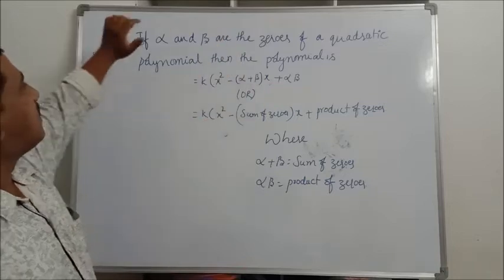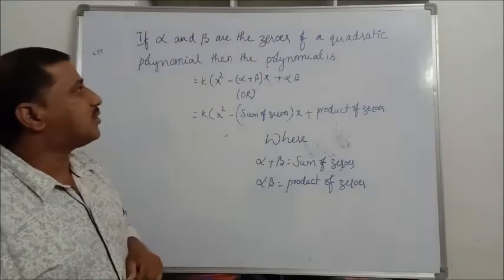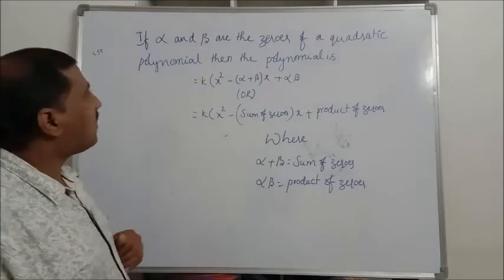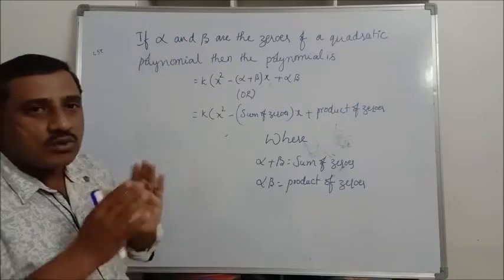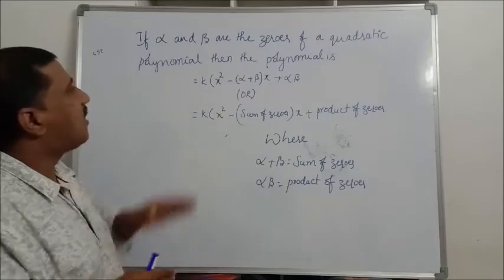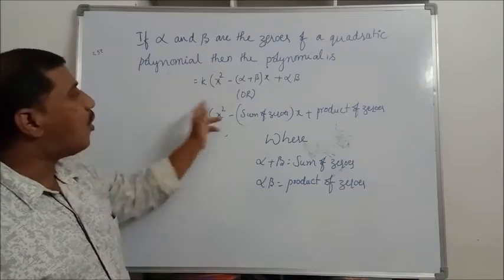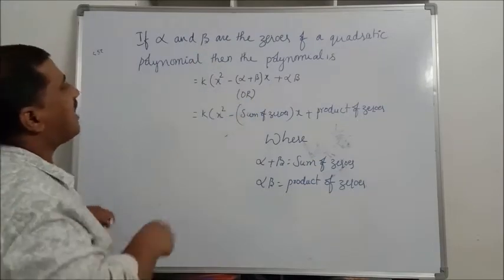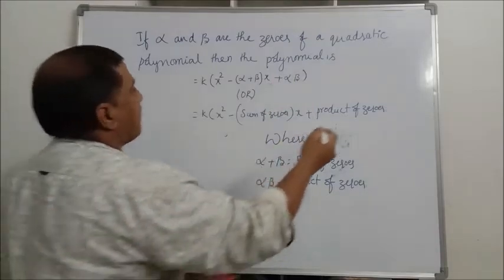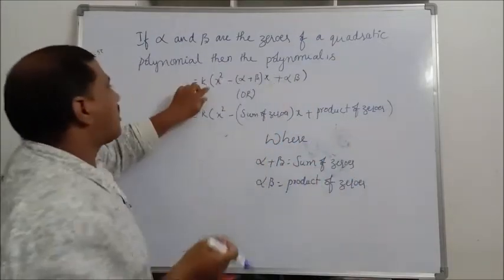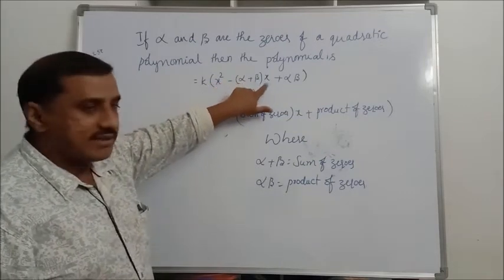For that, if alpha and beta are the two zeros of a quadratic polynomial, then the polynomial is k into whole x square minus (alpha plus beta) into x plus alpha into beta.